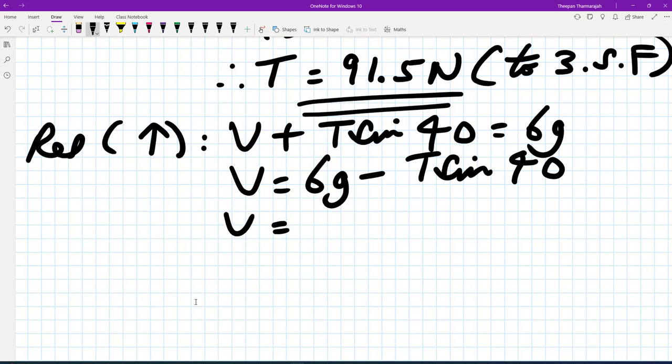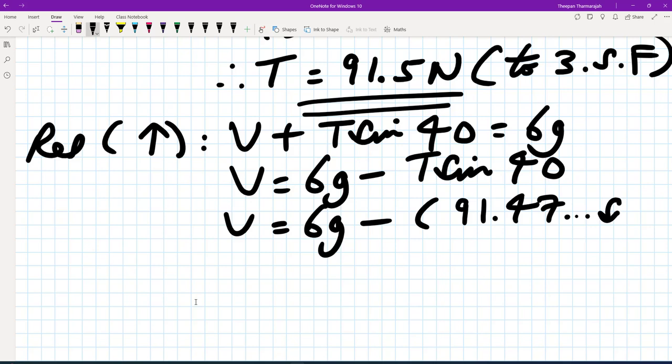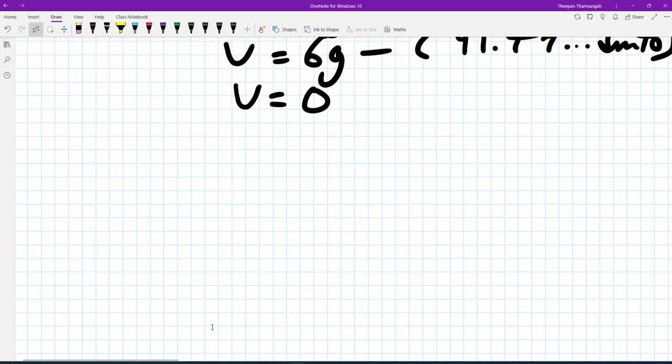So V is 6g minus 91.47 sine 40. Close that here. And that gives me V equals 0. So we do not have a vertical component.